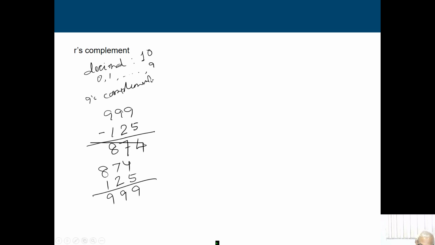Similarly, once I talk about 1's complement, it is the same way. Say I take a 4-bit number, then what is the maximum number? In the case of 4 bits, this is 1 1 1 1. Now consider any number, say 0 1 0 1.